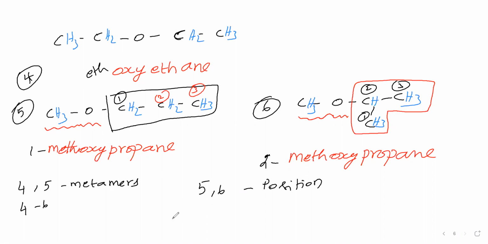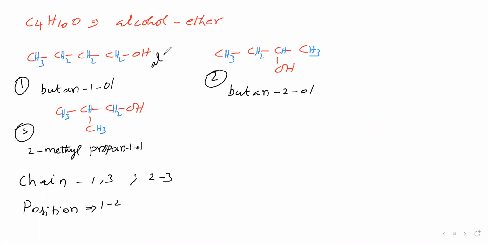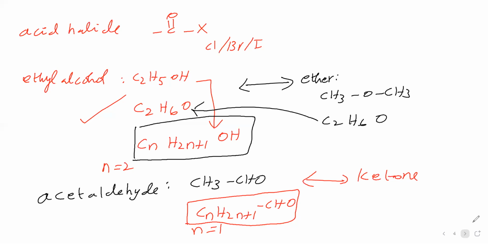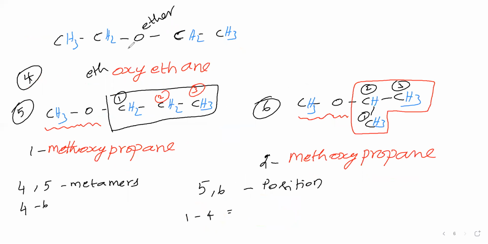Next. Now we will take number 1 compound and number 4 compound. In compound 4, the functional group is ether. In compound 1, the functional group is alcohol. So in compound 1 and compound 4, functional group is different, therefore functional isomers.